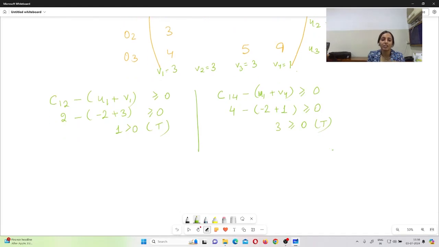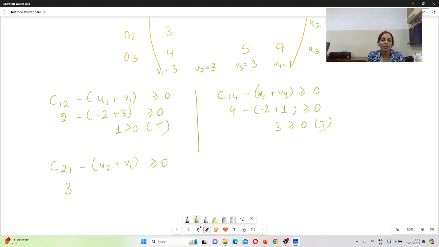Now coming up to the next one, that is C21, that is 3, right? Minus U2 plus V1. Again, it should be greater than equal to 0. Check it.